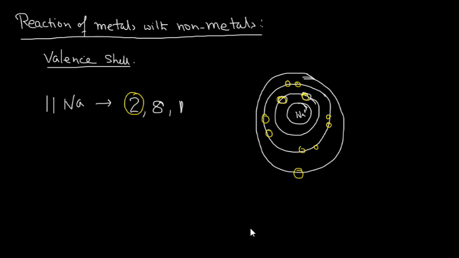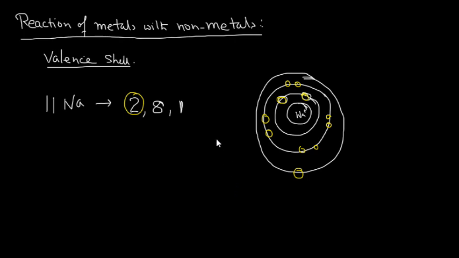To get stability, every element will try to get the atomic structure of its nearest inert gas. So sodium will try to get stability by giving 1 electron, the outermost electron, because it is difficult for sodium to take 7 electrons, but it is easier for sodium to give 1 electron.